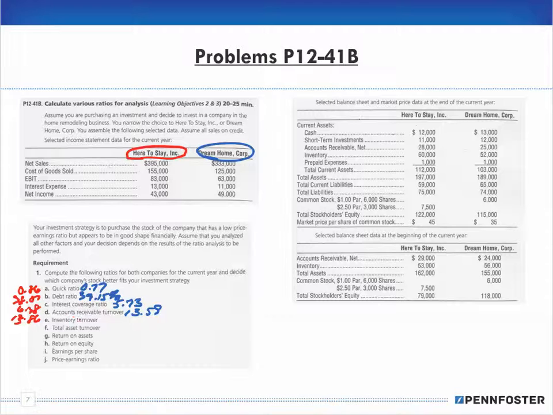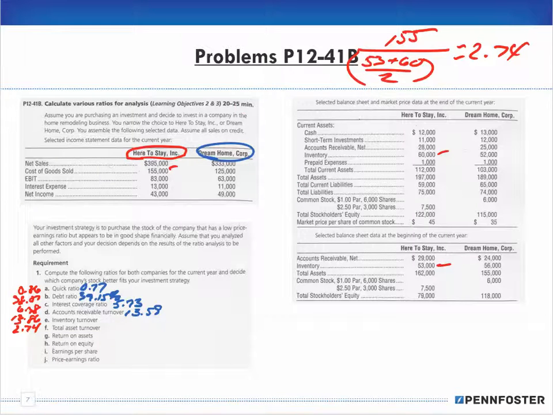Okay, so for inventory turnover, let's see here. I have my 155, and that's over 53 plus 60 divided by 2, gives me 2.74.